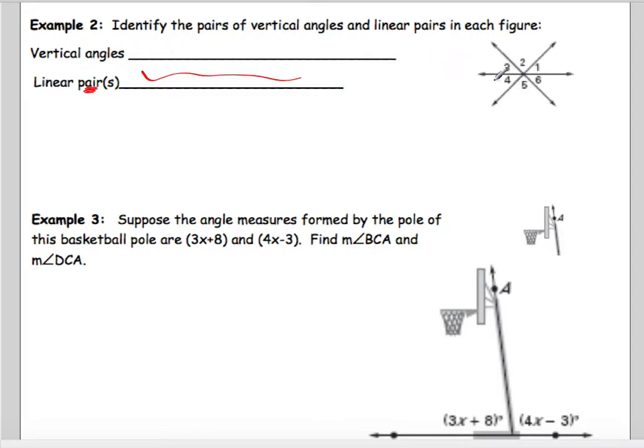But the vertical angles, there's going to be 3 sets that are pairs of vertical angles. Angle 2 is vertical to angle 5. They're across the X from each other. Next, we could have 3 pairing with 6.